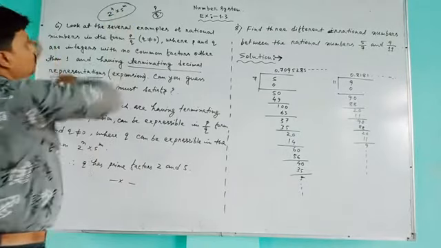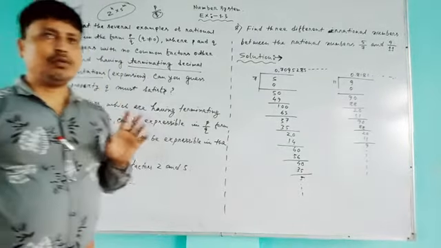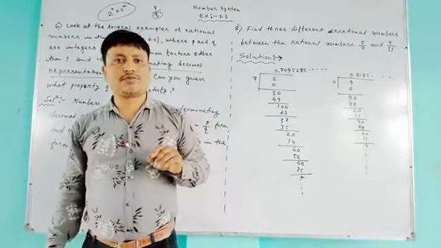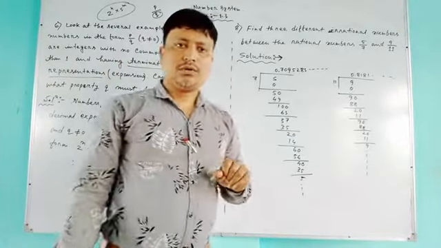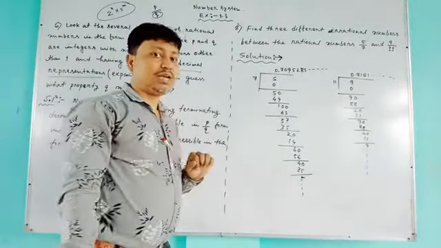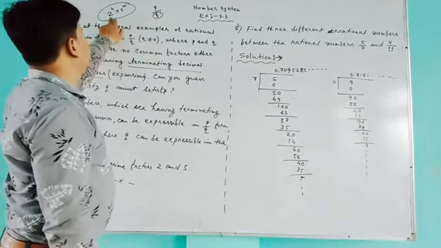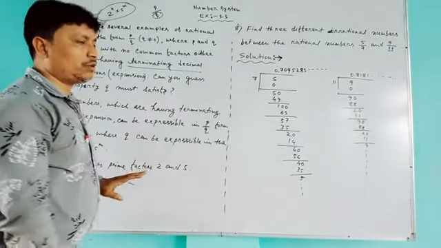You remember this one. If a rational number p by q has a terminating decimal expansion, then q, the denominator, can be expressed as 2 to the power n into 5 to the power n.